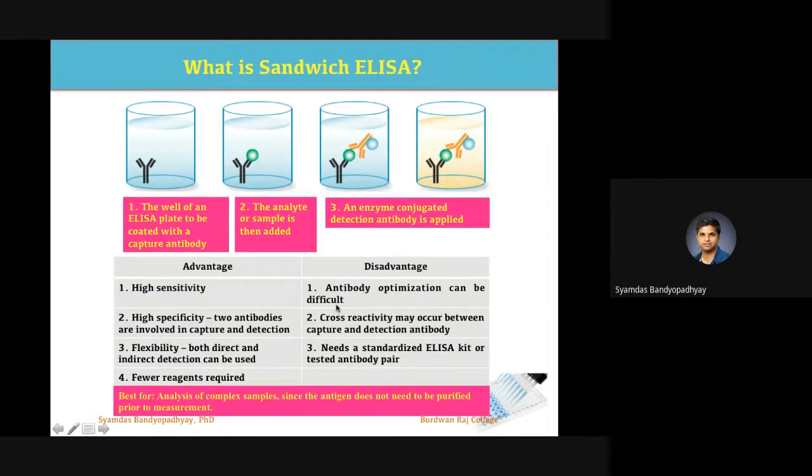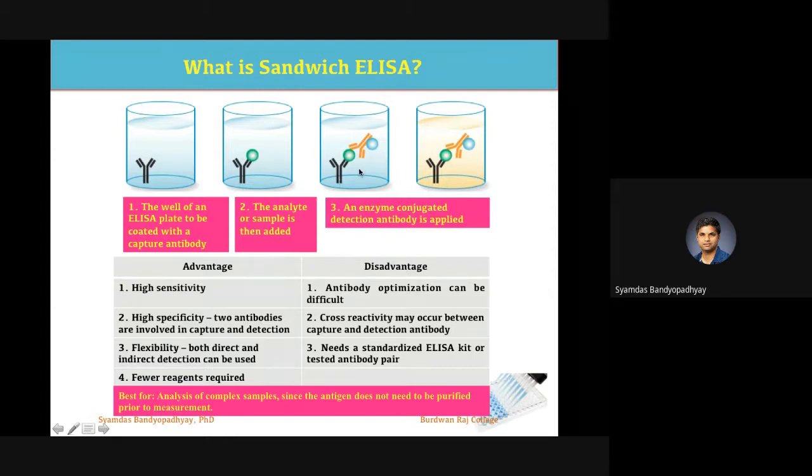What is optimization? Your antibodies must be a pair which recognizes different epitopes of the same antigen, right? So for example, this detection antibody recognizes an epitope that is different from the epitope recognized by the capture antibody. So you have to perform a little bit of optimization, right?